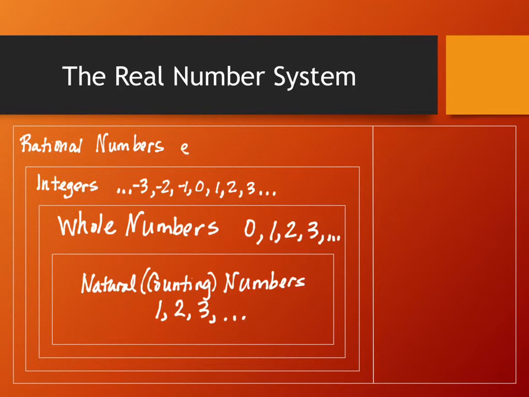I can't list them any longer as 3 numbers and then a dot, dot, dot like I was before. But they are numbers like 1/2 or 0.67. So you've got your decimals, and you've got your fractions that are included here.